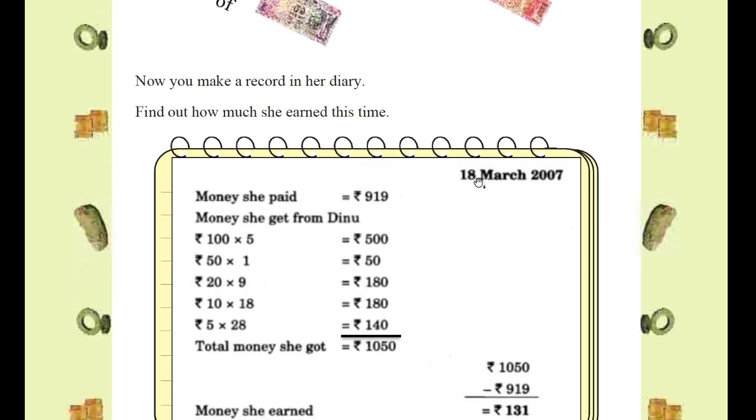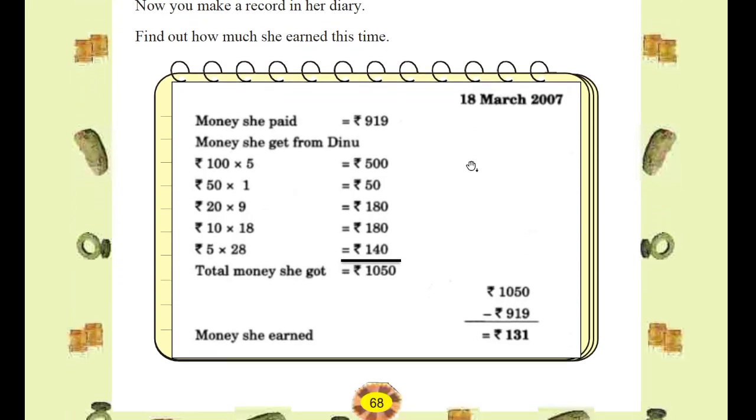Here you can see in the record also that you have to write. Okay, so here in this record you can see all the amounts we have written here, and the amount Kiran got from Dinu we have written here, and after that we have added all the amounts.